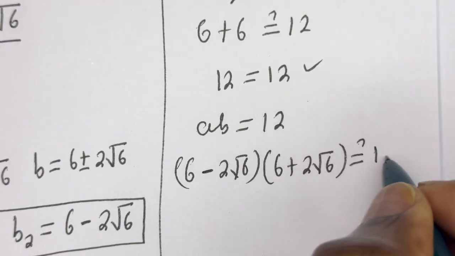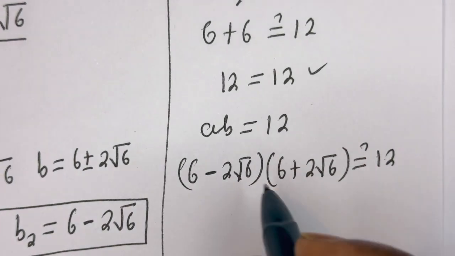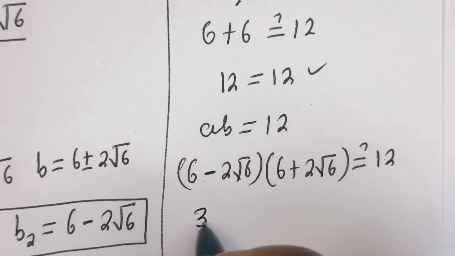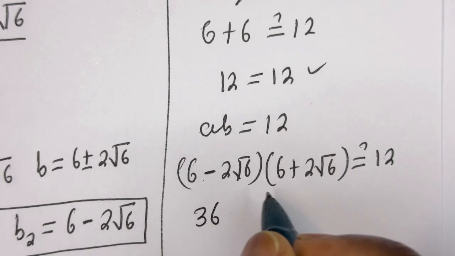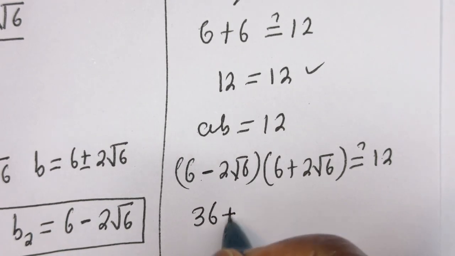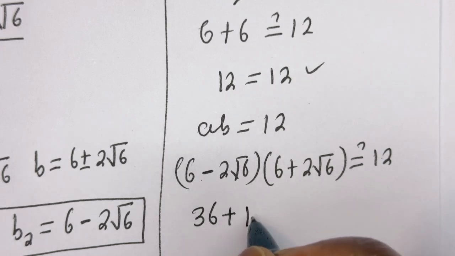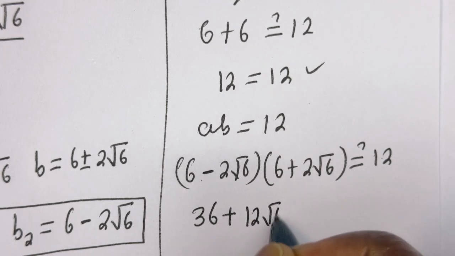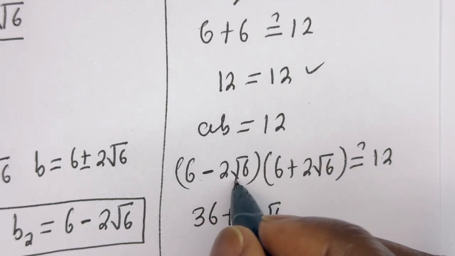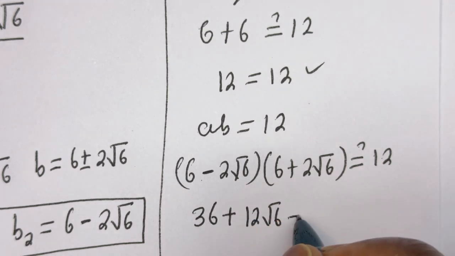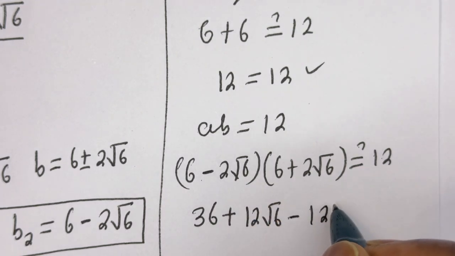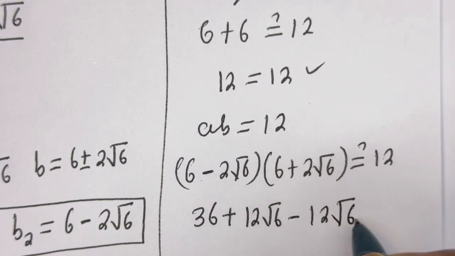Everything must be equal to 12. Now, 6 times 6 is 36, plus 6 times 2 root 6, that is 12 root 6, minus 2 root 6 times 6, that is minus 12 root 6.